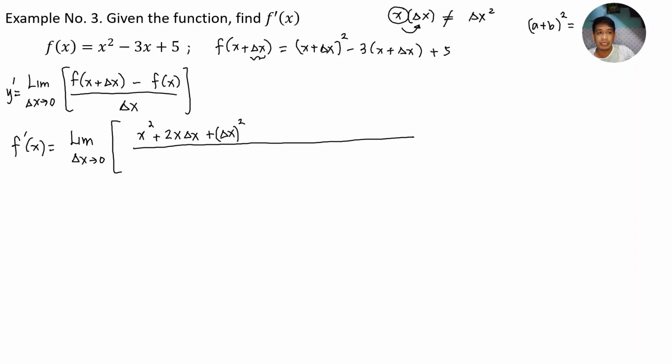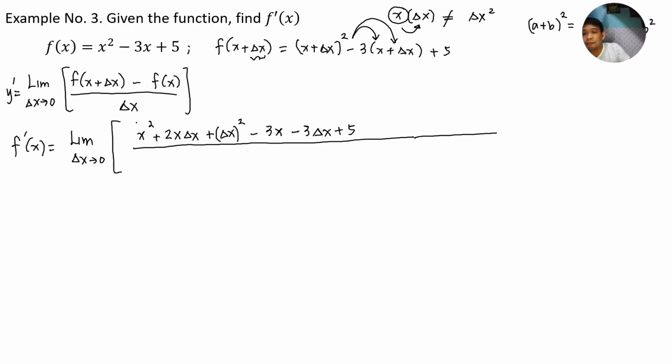That a plus b raised to the second power is the square of the first plus twice the product of the two plus the square of the second. That's why this becomes x raised to the second plus twice the product of x and delta x, that becomes 2x delta x, plus the square of delta x, which is delta x raised to the second power, minus 3x minus 3 delta x, that is when you distribute this negative to each term inside the parenthesis, plus 5.